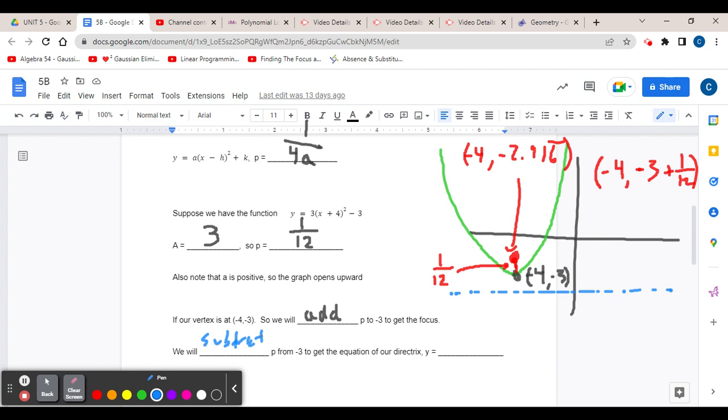So if we have -3 minus 1/12, it's going to give us the equation of our directrix. This is y is equal to -3.083 repeating.